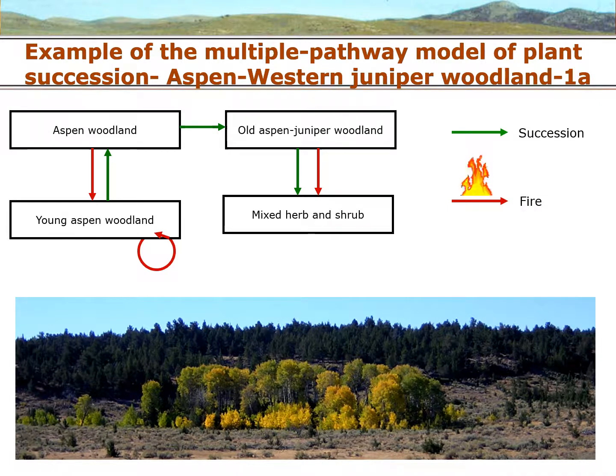And if that burns, we have the loss of propagule or extinction, like we saw on the last slide. And if we then have a fire, the stand will not go back to a young aspen woodland. It would go back to a mixed herb and shrubland that probably will then successionally move forward into another juniper stand.